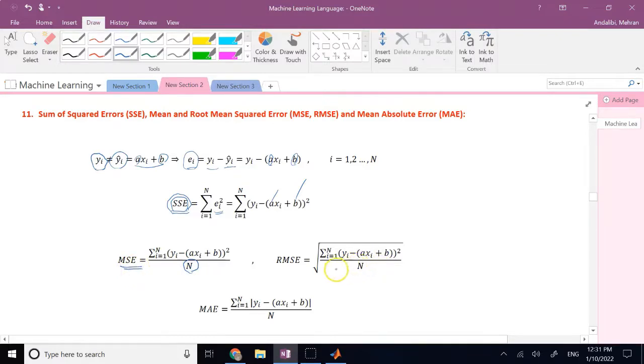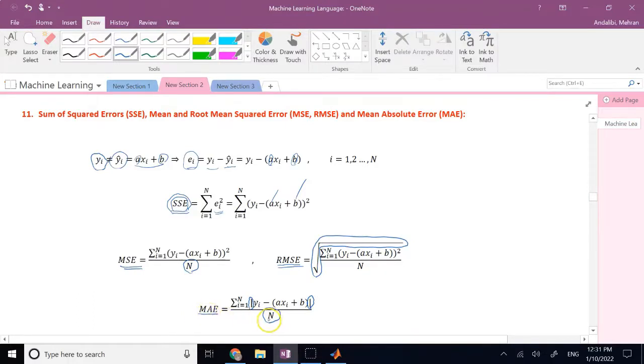Another way is when you get this mean squared error, you also take the square root of that, and you call it root mean squared error. And another metric is, instead of taking these errors and squaring them, you take the absolute value of the errors and sum them up and then divide by the number, and you call it mean absolute error, right?